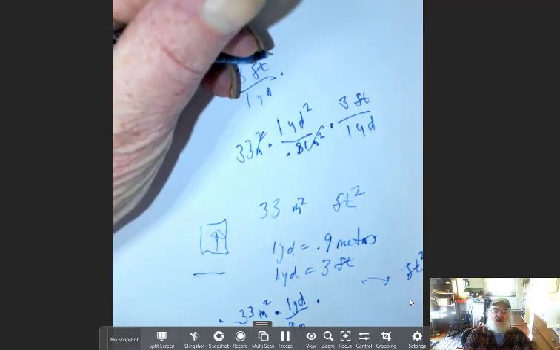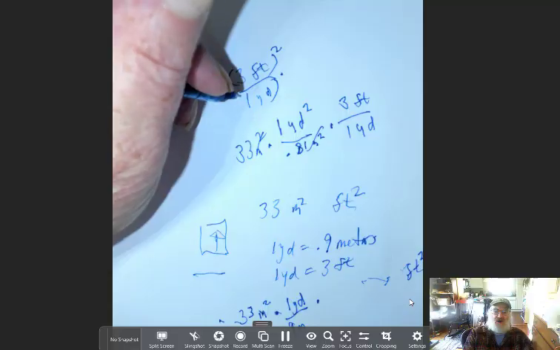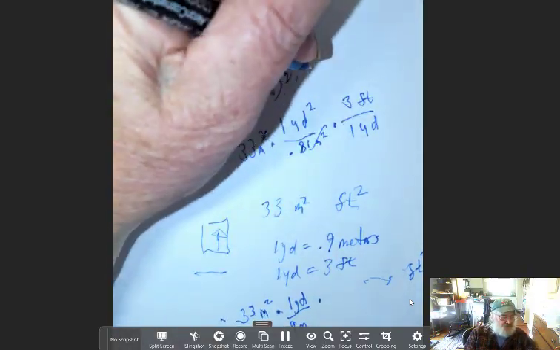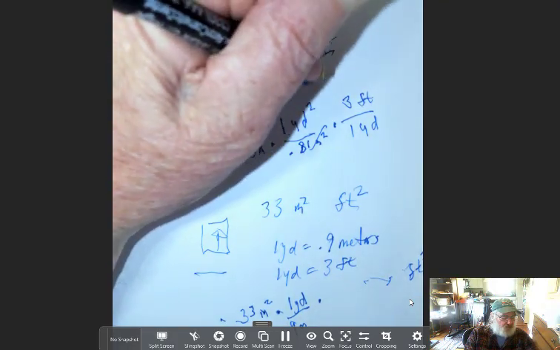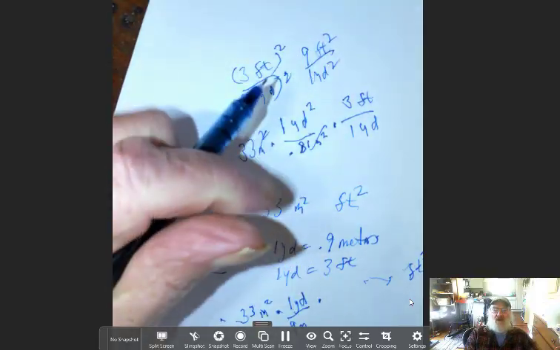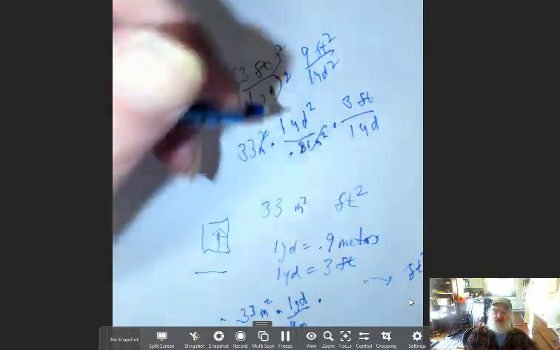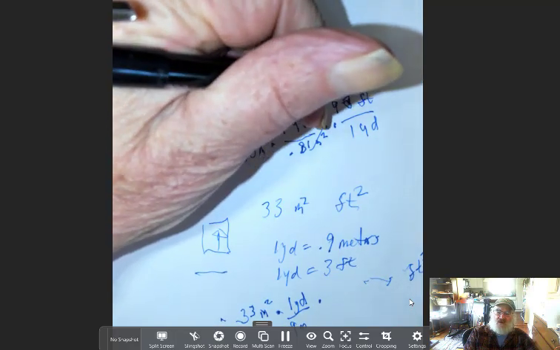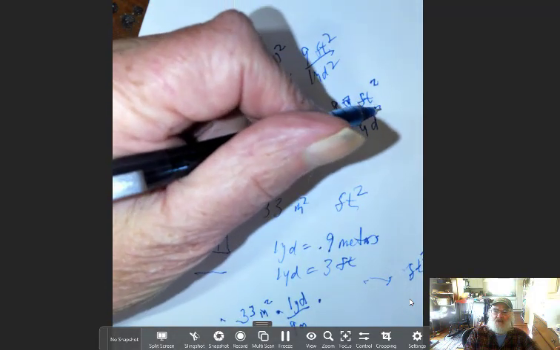So I'm going to square the entire numerator and square the entire denominator. So here I'll get 9 feet squared over 1 yard squared. So 1 square yard is the same as 9 square feet. So I'm going to change this here to 9 feet squared over 1 yard squared.